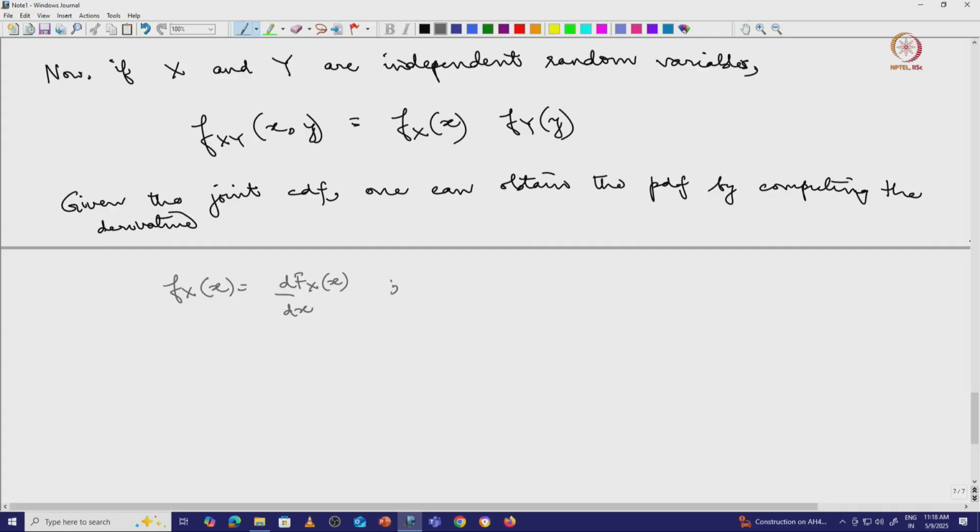Similarly, if you had a joint distribution function F(x,y), then f of x would be the partial derivative of F(x, infinity) with respect to x.